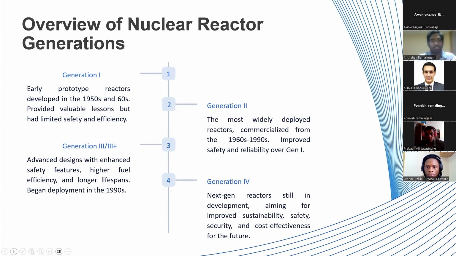So let's move on to the generations of the reactor. Overall, the reactors can be categorized into 4 generations, starting from generation 1 up to generation 4. But right now, the commercially operating generation is generation 3 plus. About each generation, we will look further in the upcoming slides.